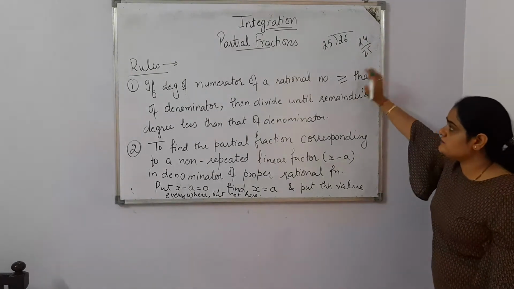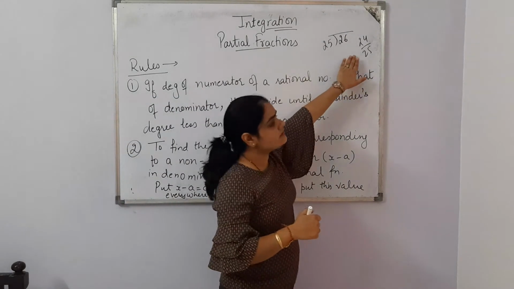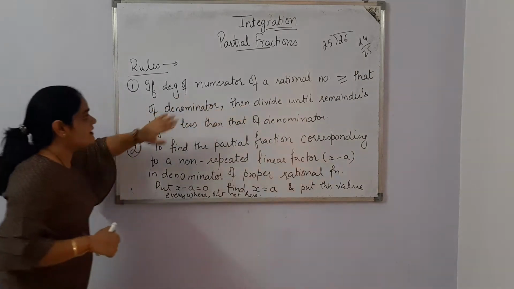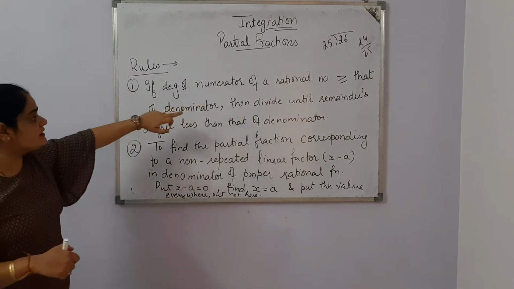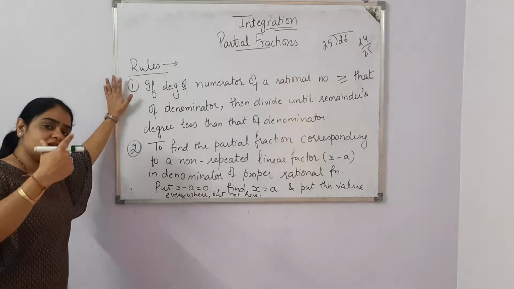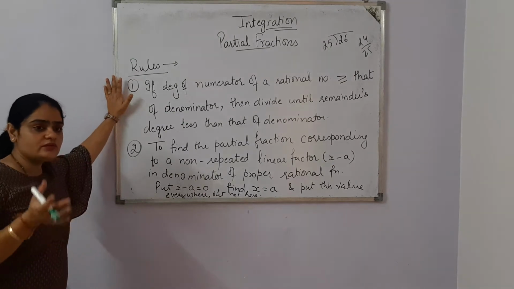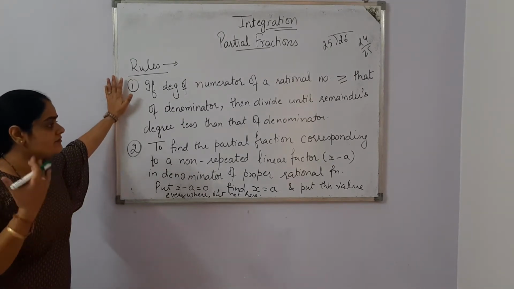This is a case of numbers only, but here the rule says that if the degree of the numerator of a rational function is greater than or equal to that of the denominator, first of all we'll divide, and then after that we'll do the question.